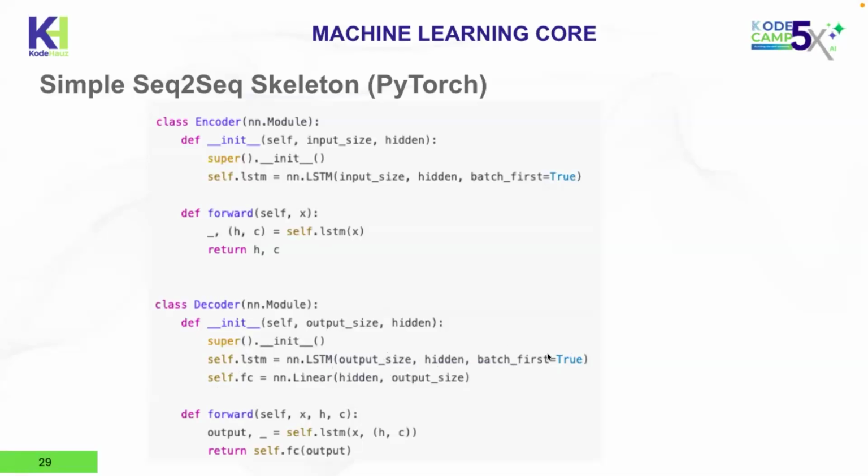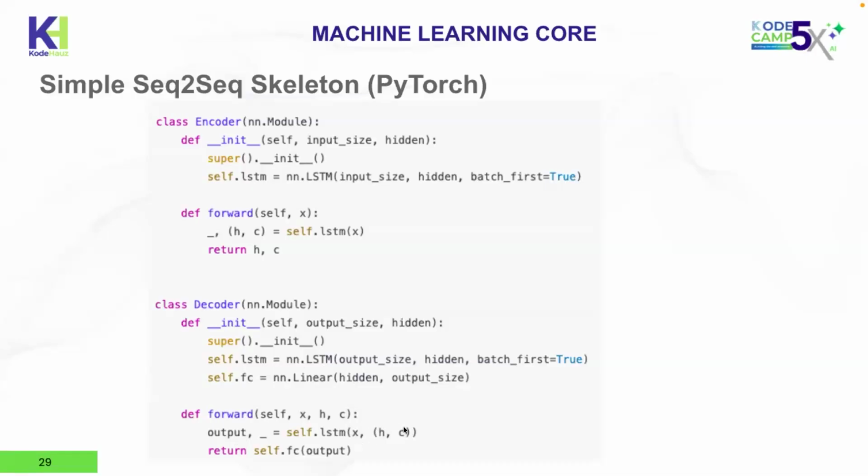And in this one, again, it's the same thing. You have an output size, you have the hidden size, batch first, but the decoder also has a linear layer, which is what helps you to predict. So remember, whenever you're trying to do prediction of anything, you always add a linear layer to the LSTM, right? So the forward pass of that will take the input that you give to it, a single token, then you also take the hidden and cell state.